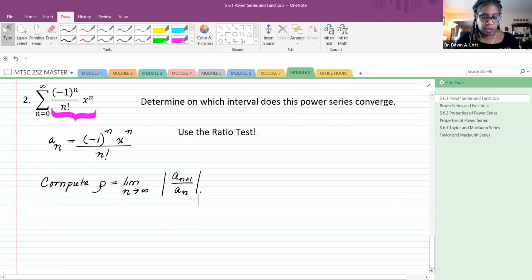When does a series converge when we use the ratio test? After I go through all the work to do the limit as n approaches infinity of the absolute value of a_(n+1) over a_n, and I get rho, what do I check?